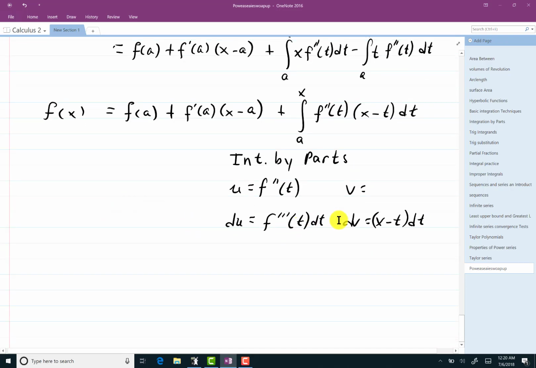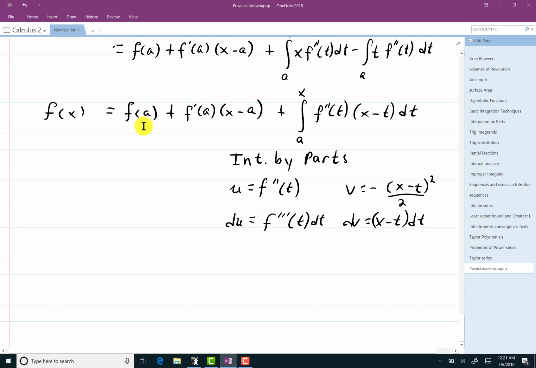So if you let w equal x minus t, then dw will be negative 1. x will zero out, but the derivative of t will be 1. So this is like w to the first power, dw is negative 1. When I integrate it, I will get negative x minus t squared over 2.